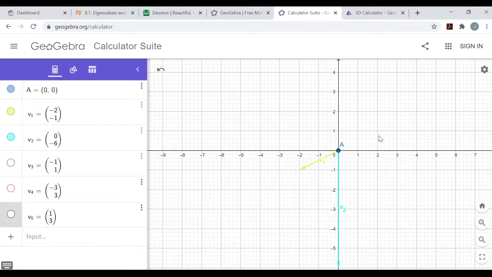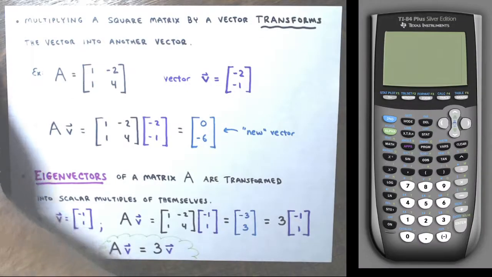They'll form a line. If you looked at all the scalar multiples of v1, they would form a line containing vector v1 in the same direction and opposite direction as v1. And you see that v2 here, 0, -6, clearly does not do that. All right, so back to my page here.